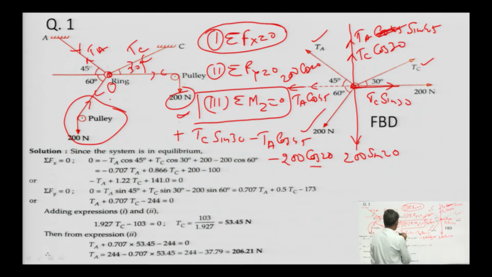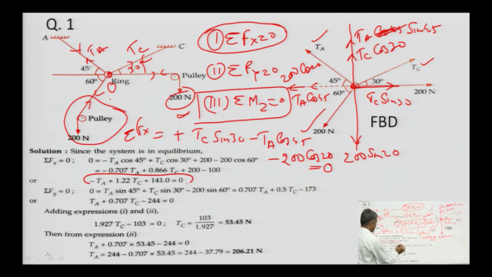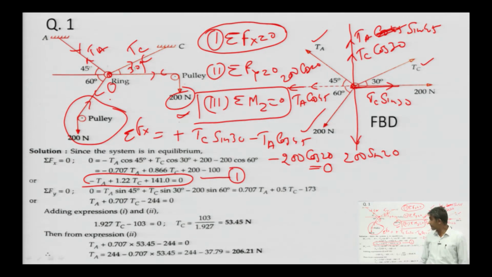That is the value of sigma Fx, and it should be 0 for equilibrium, for no displacement in the x direction. We get this equation by applying the equilibrium equation sigma Fx equal to 0.